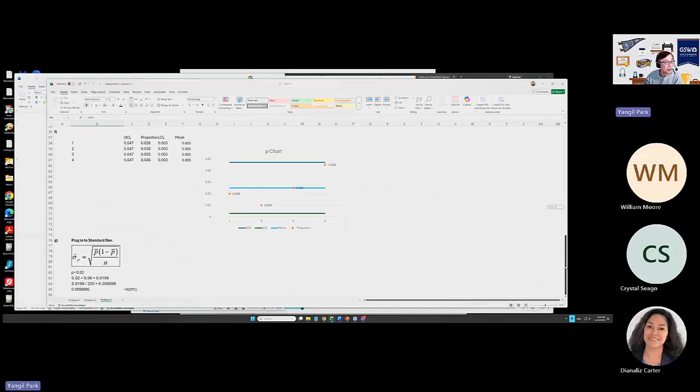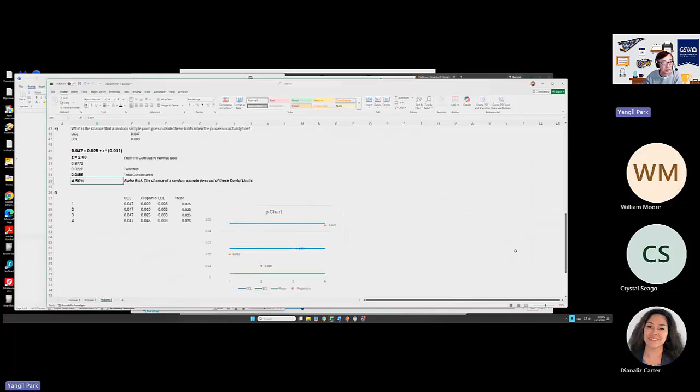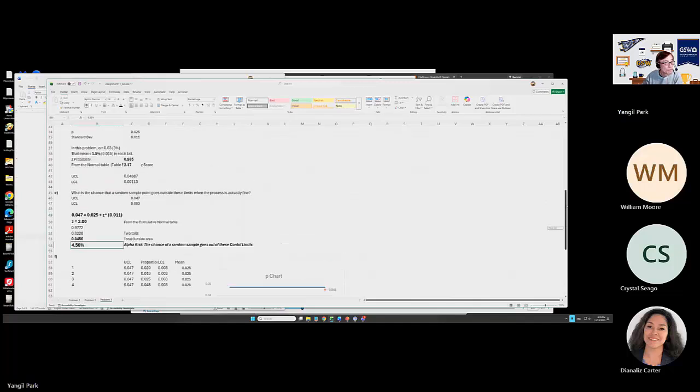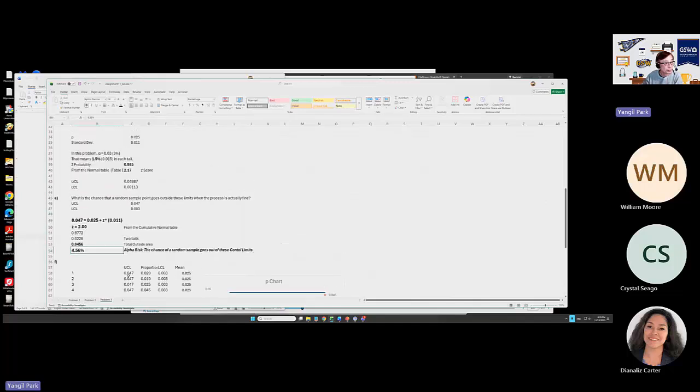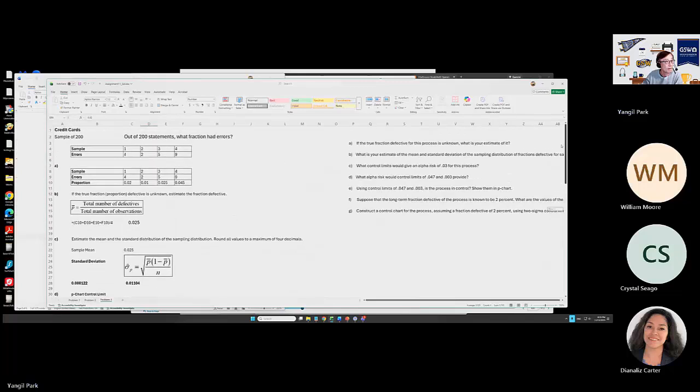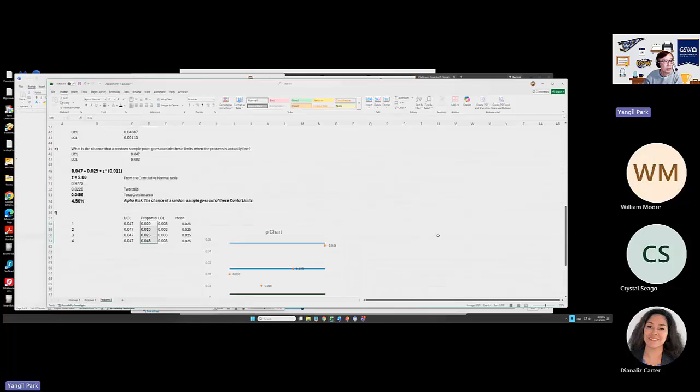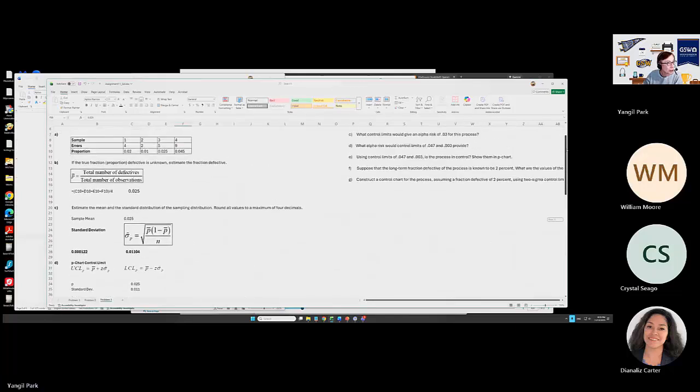F and G, I think F is just plotting. So now we know all those values for upper limit and lower limit and the proportion that we calculated from step A. Then we organize the table just like that. Mean, we just found the mean, sample mean. Was it sample mean or population mean?